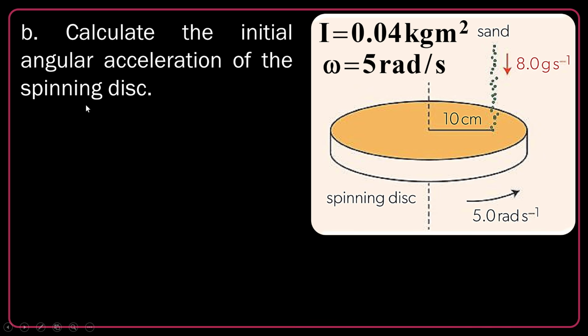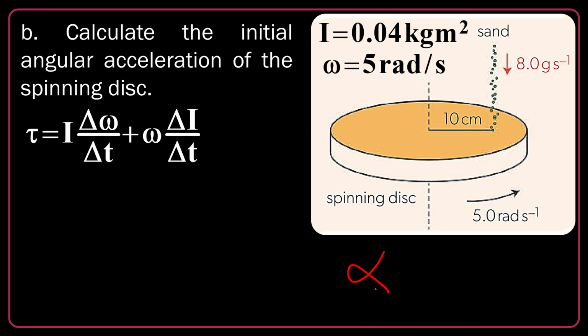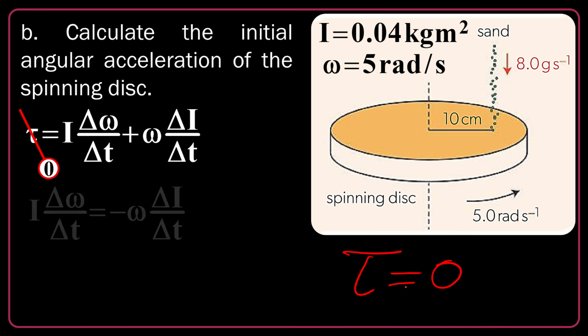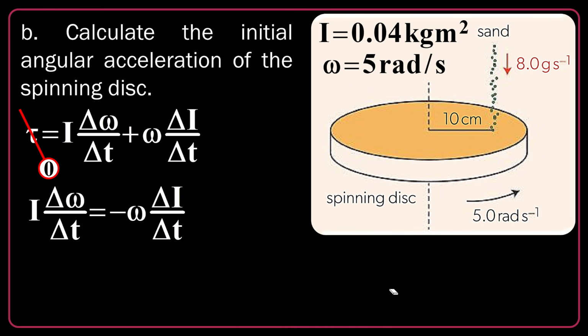Part B. Calculate the initial angular acceleration of the spinning disk. Initial angular acceleration, alpha. Let's go back to Newton's second law. Tau is equal to I delta omega over delta t plus omega delta I over delta t. Question says there is no external torque acting on the system, so we can remove the torque. It's 0. Now I can write it as I delta omega over delta t is equal to negative omega delta I over delta t.